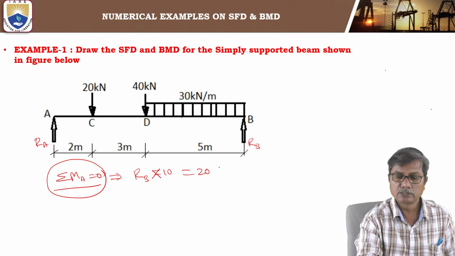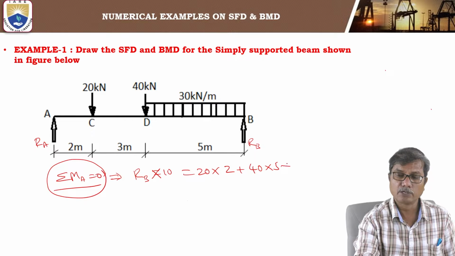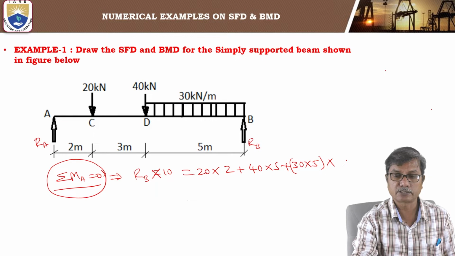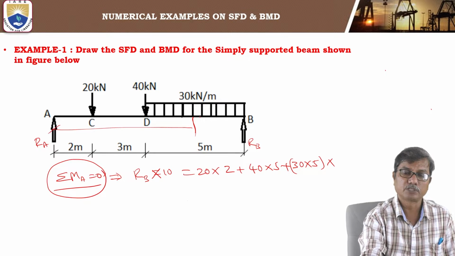Clockwise moments are due to applied loads. So the sum of these moments: 20 into 2 plus 40 into 5 plus the UDL moment, which is 30 into 5, the total UDL, into its distance from A, so 5 plus 2.5. This is the point of application of the UDL, 7.5 meters.